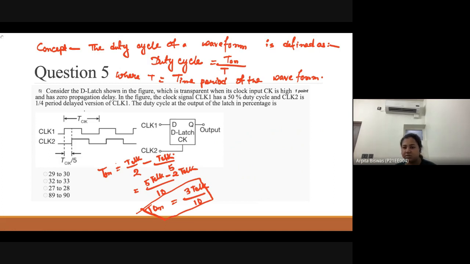Then the duty cycle will be the ratio of the on time with the time period.